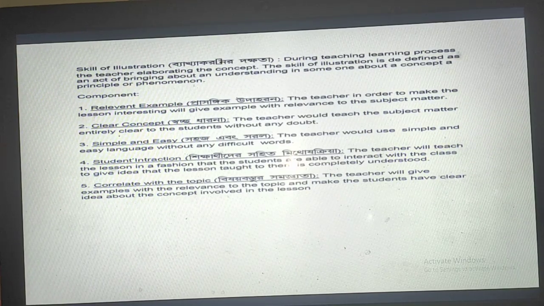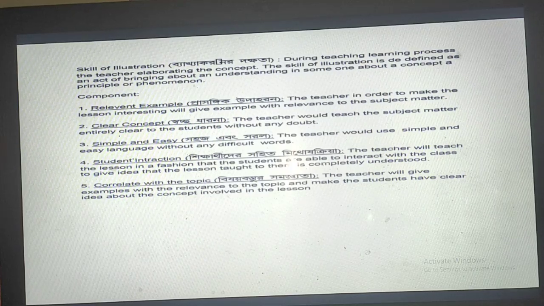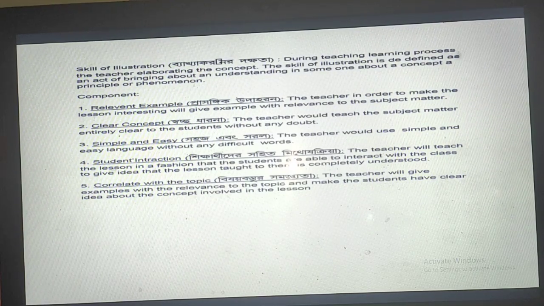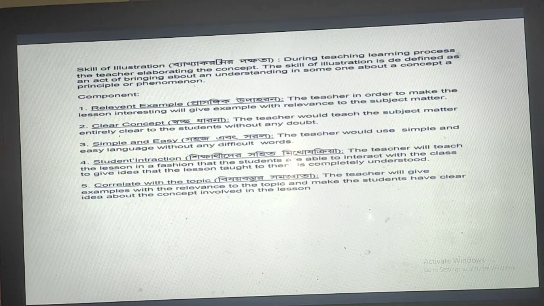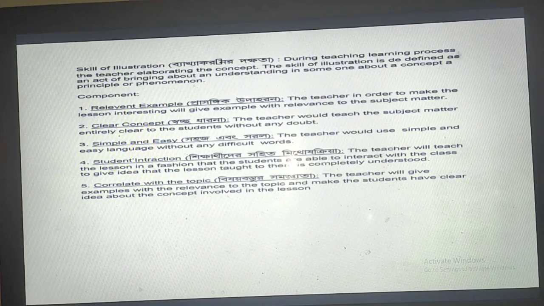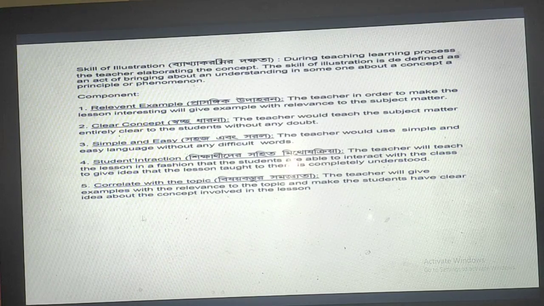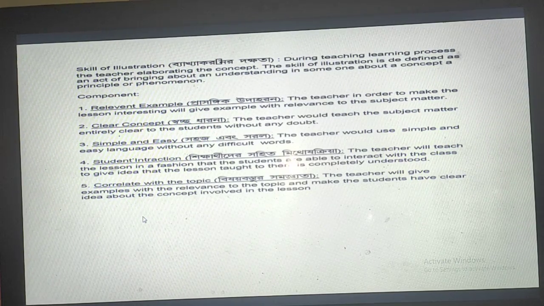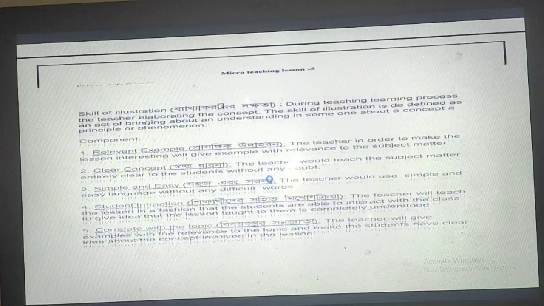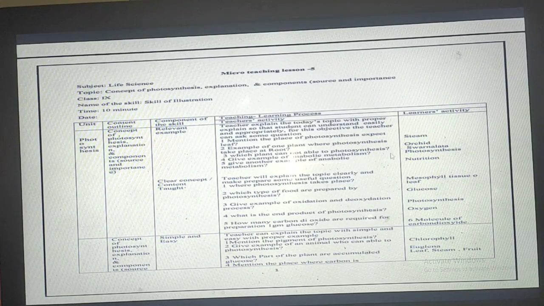When the teaching-learning process is going on, the teacher should maintain interaction among the students. That is called student interaction. Correlate with the topic: the teacher will give examples relevant to the topic and make the students have a clear idea about the concept involved in the lesson. Now it's also the model questions.